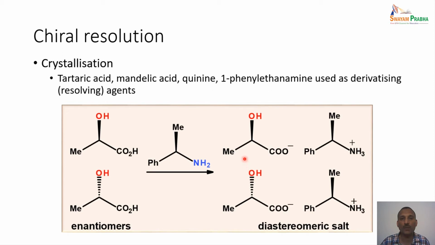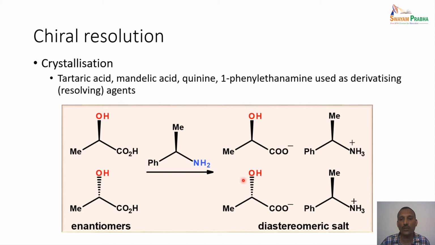Since they have different physical properties, we can use crystallization, column chromatography, or many other methods to separate them. In this particular case, we are using crystallization. The different rates of crystallization of these two salts can be employed to separate the two diastereomers.